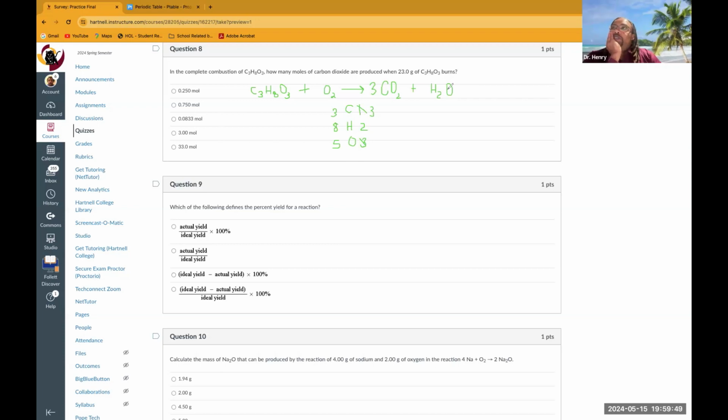So then that would give us a total of 7 oxygens. And then what about the hydrogens? We can multiply water by 4. So that would give me 10 oxygens.